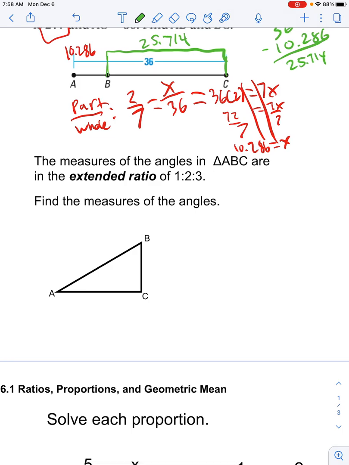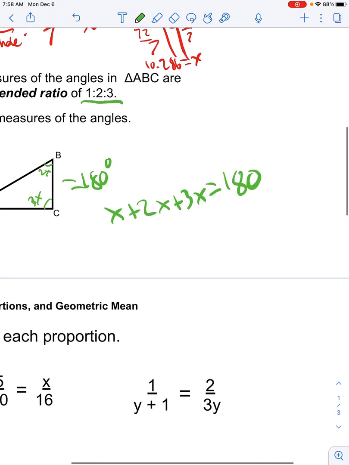The measures of the angles in triangle ABC are in the extended ratio of 1 to 2 to 3. Find the measures of the angles. So I like to think about it, okay? This is 1x, this is 2x, and this is 3x. Again, getting my ratio right here, but I know that triangles always add up to 180. So I'm going to do 1x plus 2x plus 3x equals 180.